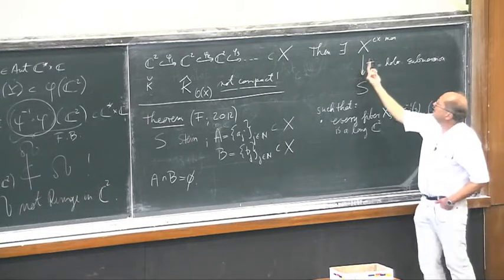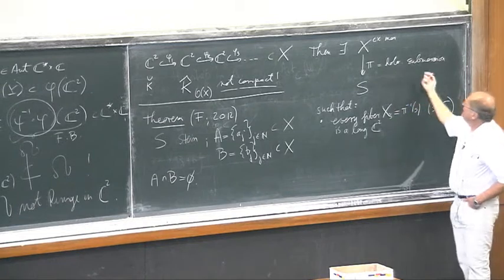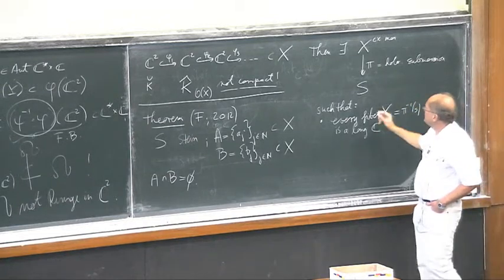So any fiber of this map, which is smooth anyhow since this is a submersion, is a long C2.